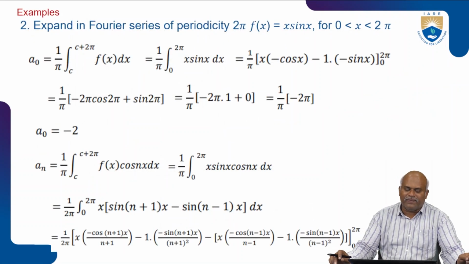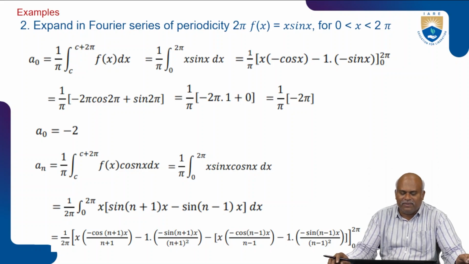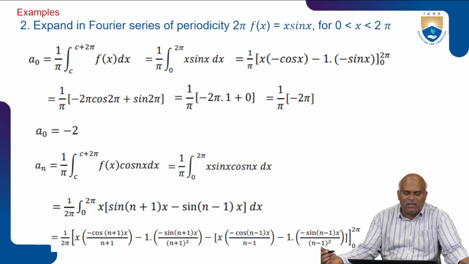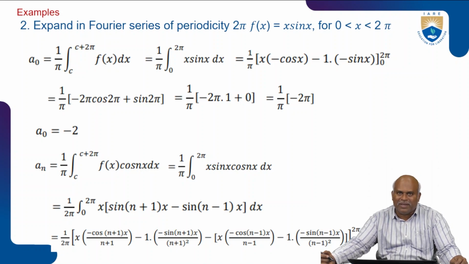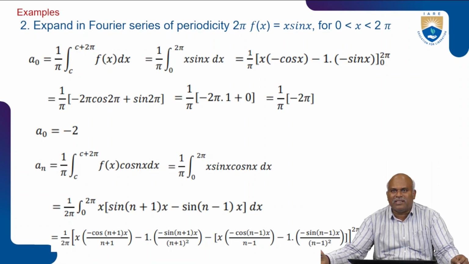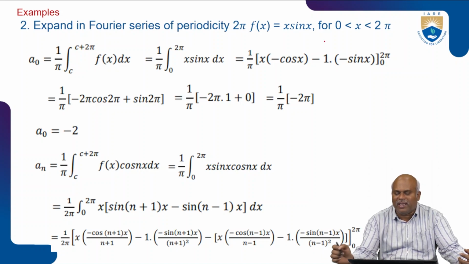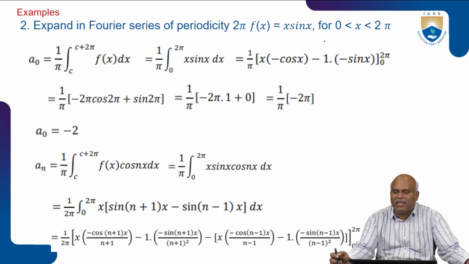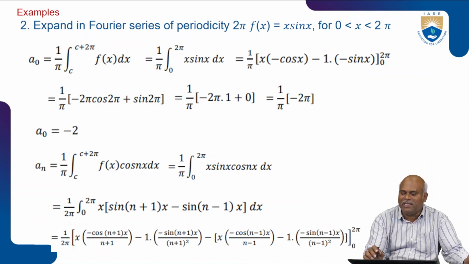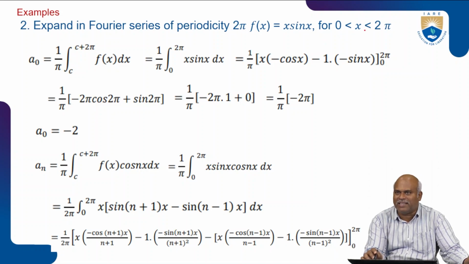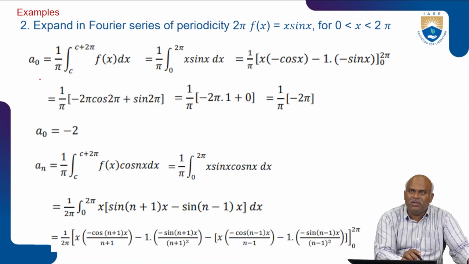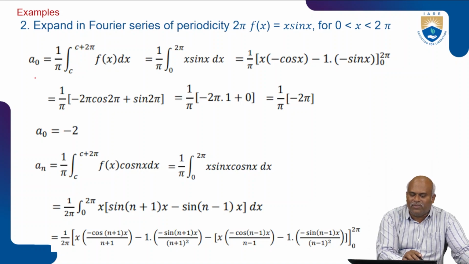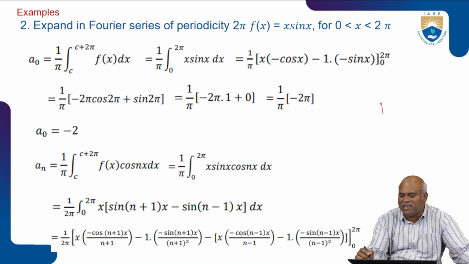Next one, the exponential Fourier series. Next example is to expand in a Fourier series the periodic signal with period 2 pi, f of x equal to x sin x. The time interval, the fundamental period, is represented as 0 less than x less than 2 pi. Now a0, we take for the trigonometric Fourier series only.